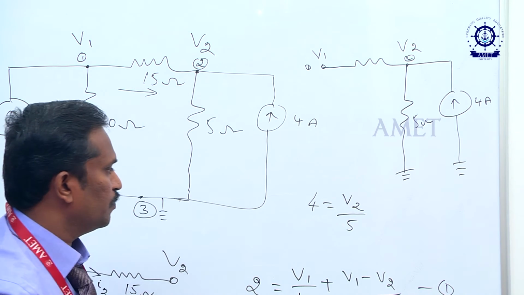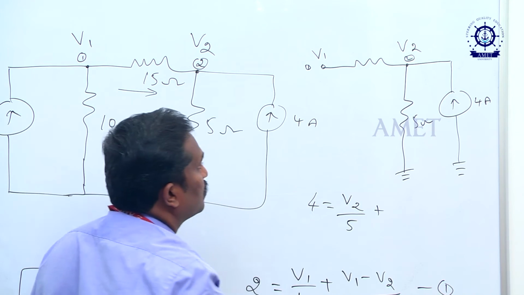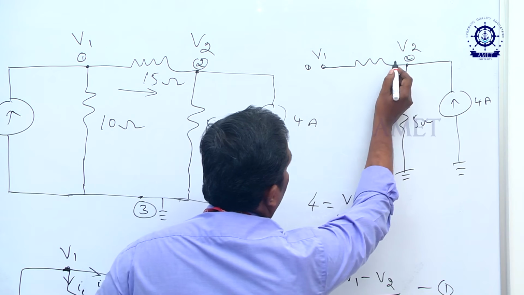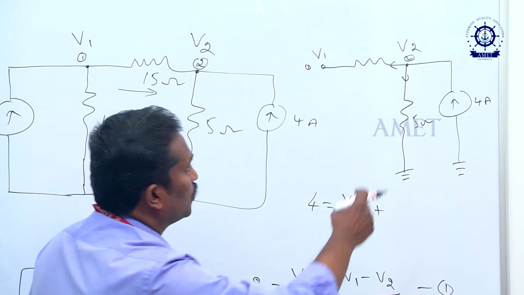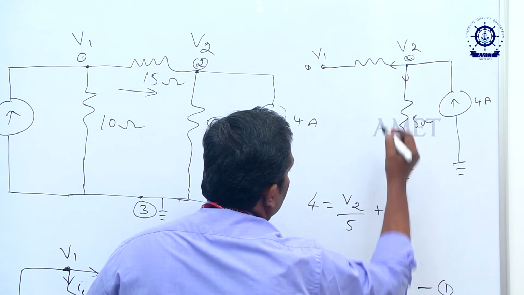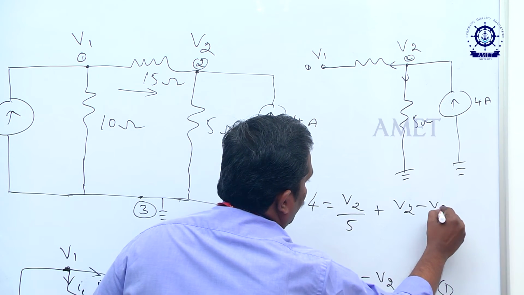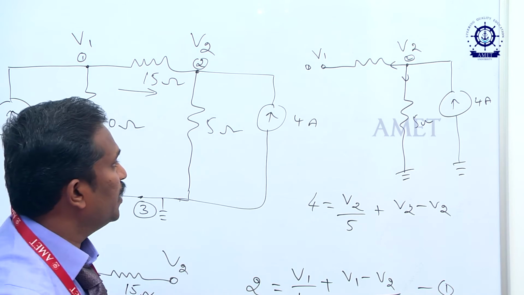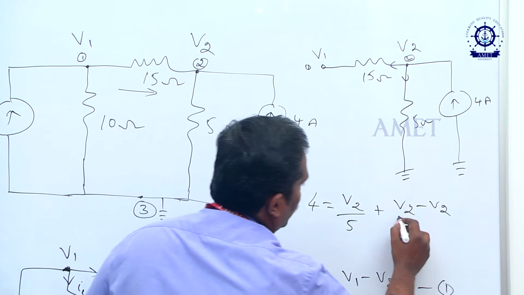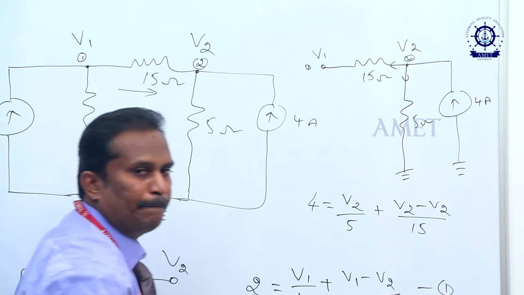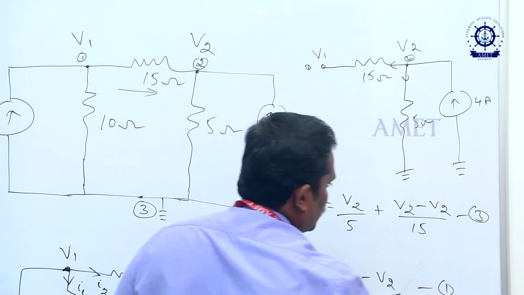So the current is V2 by 5, then plus, because here the currents are leaving, we have to add both the currents. The second current is found by V2 minus V1, the potential difference between the two nodes, divided by the resistance value, which is 15 ohm. So divided by 15. Again rearrange these equations, and name this equation 3.